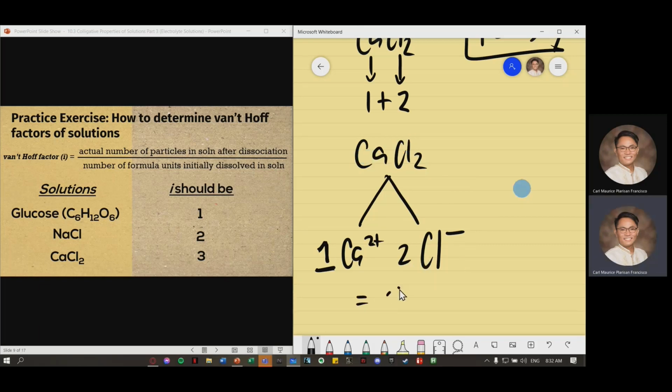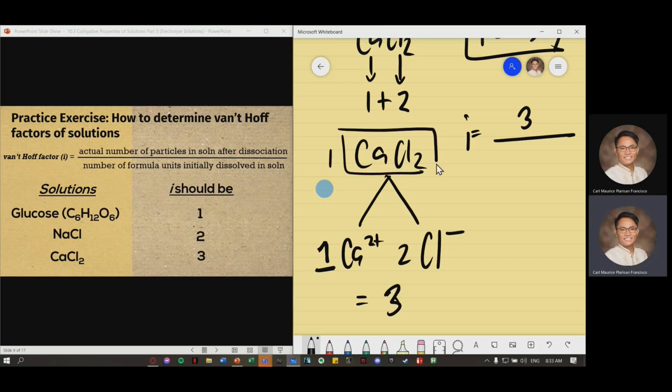So ang total ay 3. So we have here 3 particles formed. According to the formula of Van Hoff factor, 3 is the number of particles after the dissociation. And then the denominator would be the number of formula units initially. Initially we have here 1, isang calcium chloride. So 3/1, you have 3.